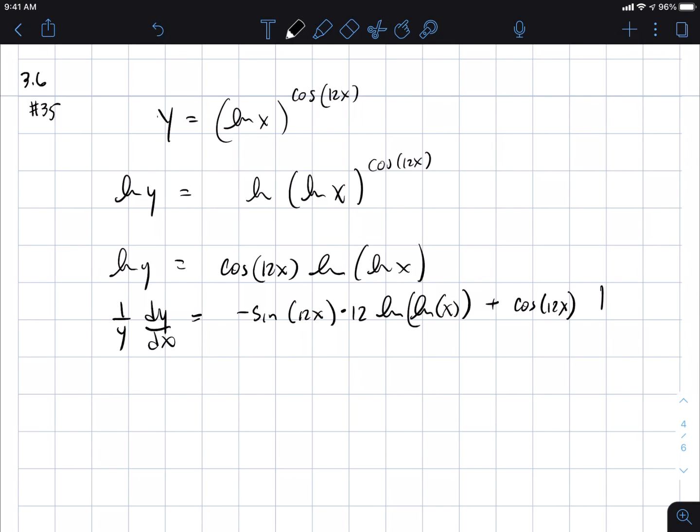Ln is going to be 1 over ln of x, but then I need to multiply that by 1 over x. That's probably where people get caught, right? This ln gives me 1 over ln of x, correct? But by the chain rule, the derivative of ln of x gives me that 1 over x. Does that make sense?